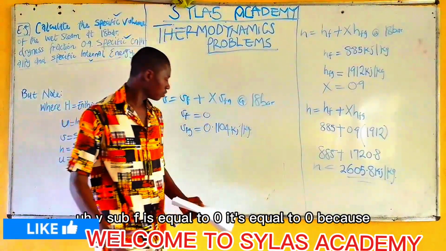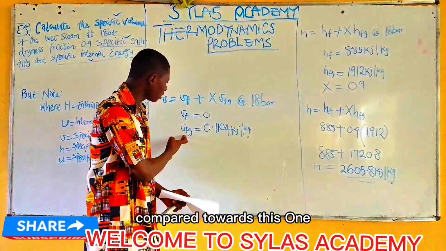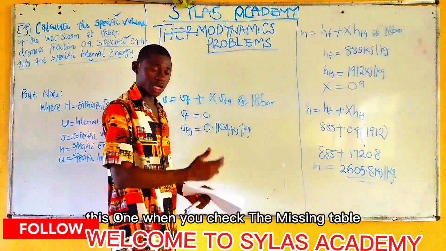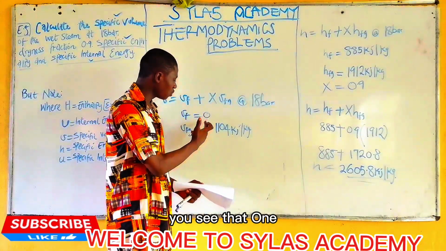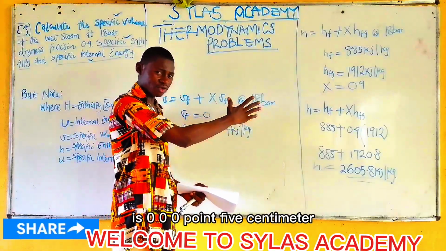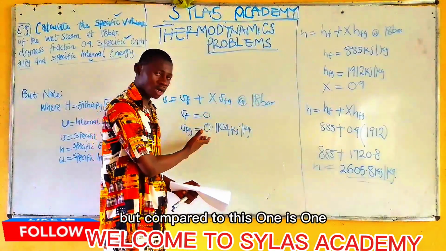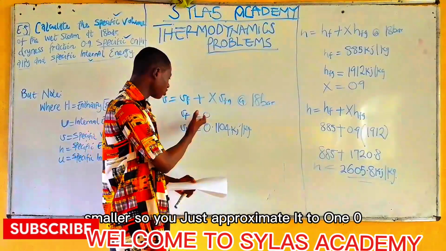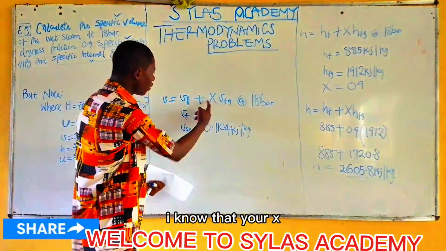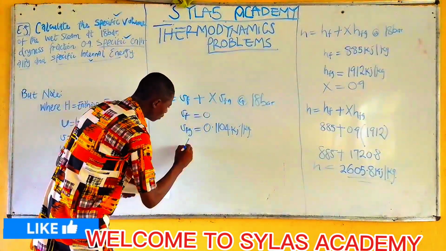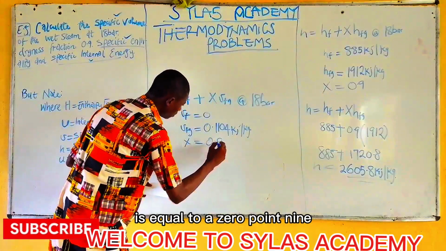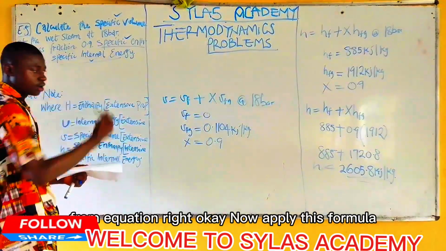It's equal to 0 because when you check the table, you will see that it is 0.5 something like that, but compared to this one, it is smaller. So you just approximate it to 0. I know that your x is equal to 0.9 from the equation, right?